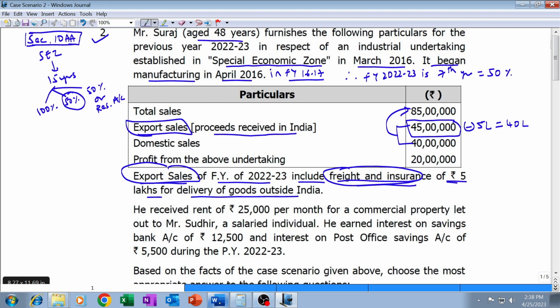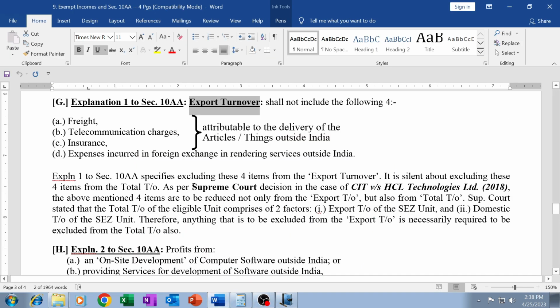However, not only that, there was a Supreme Court decision in case of CIT versus HCL Technologies Limited 2018, based on which amendments have not been carried out in the Act. But here the argument of HCL Technology, which was accepted by the Supreme Court, is that these 4 items are to be reduced not only from export turnover but also from the total turnover.